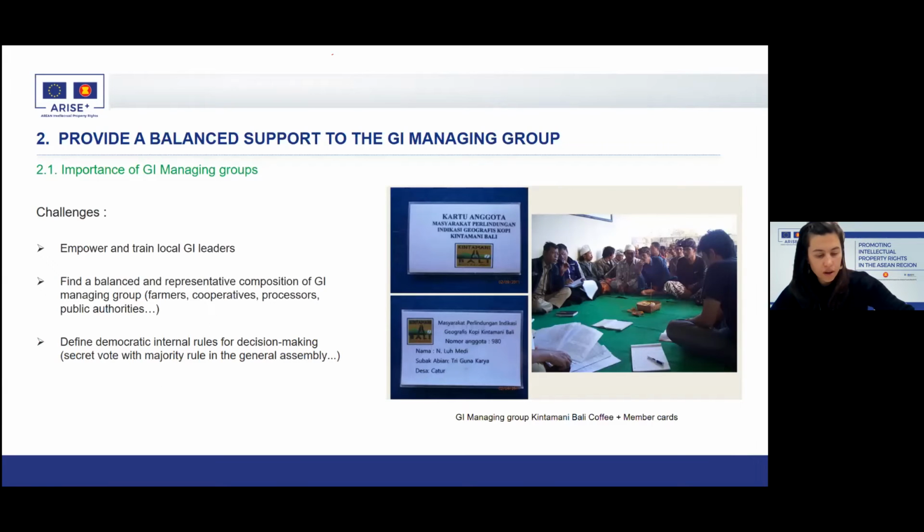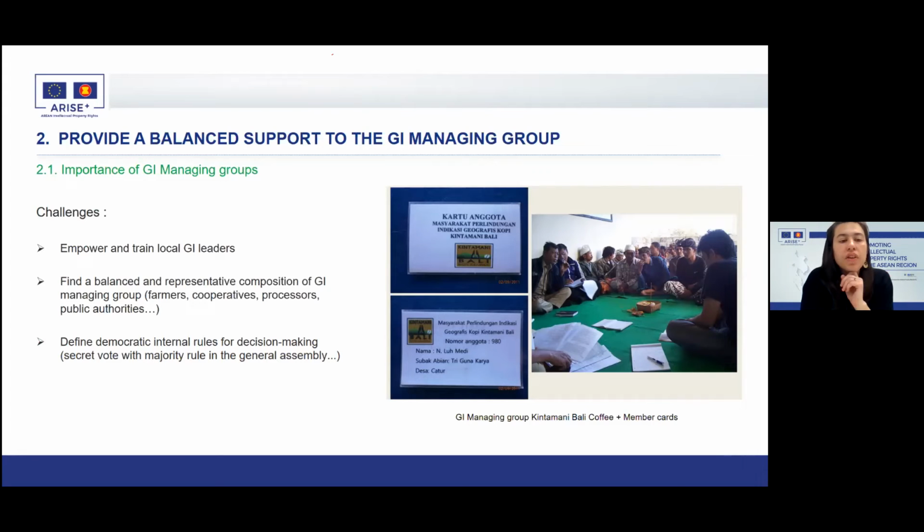Here are some challenges or warning points to keep in mind during the creation of a GI managing group. First, it's very important to empower and train the local GI leaders, to invite them to train regarding what a GI is, how it is functioning, what the expected impacts of GIs are, and so on.